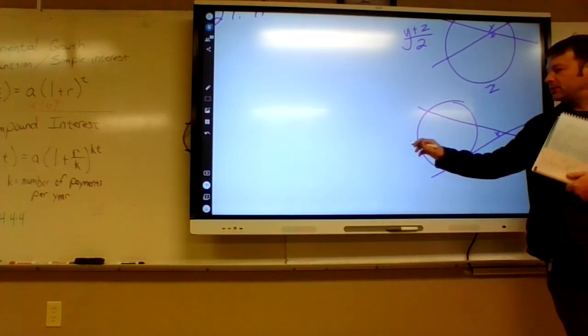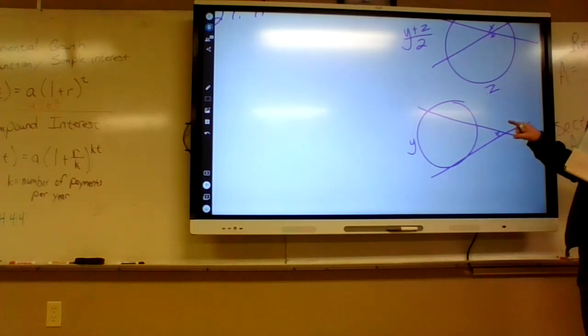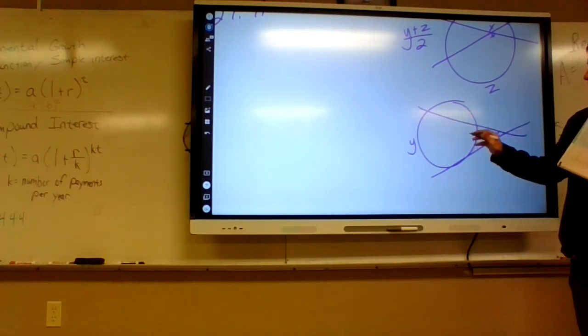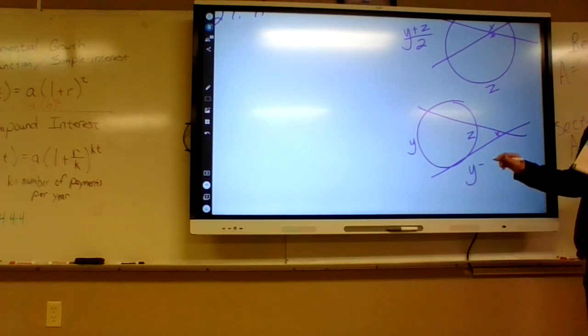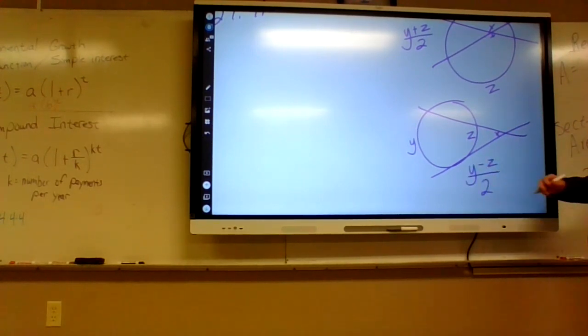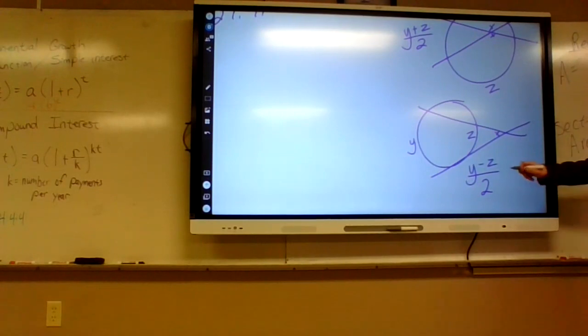Subtract. We basically did, you see the two arcs it intercepts? You do Y minus Z divided by 2 to get angle X. Go the far arc minus the near arc divided by 2 equals the angle.